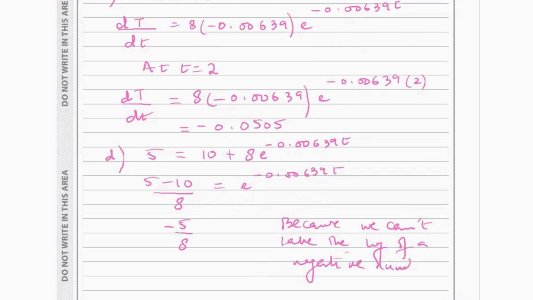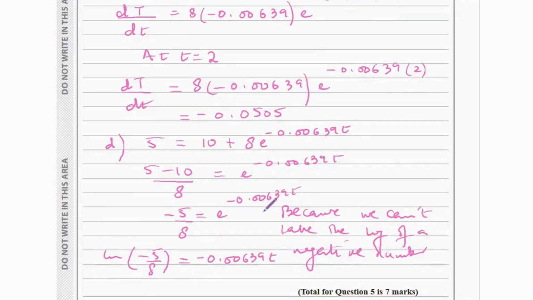I'm going to complete the steps as well so that you understand what I'm saying. So then ln of negative 5 over 8 equals negative 0.00639t. So this is not possible. That's why it can't be 5.